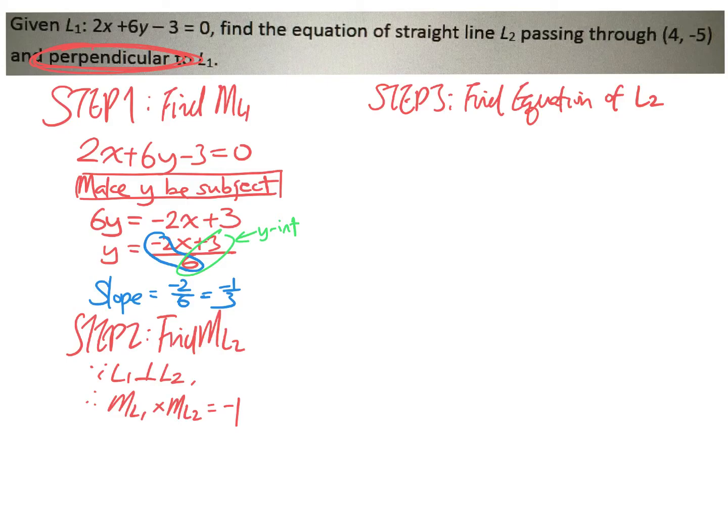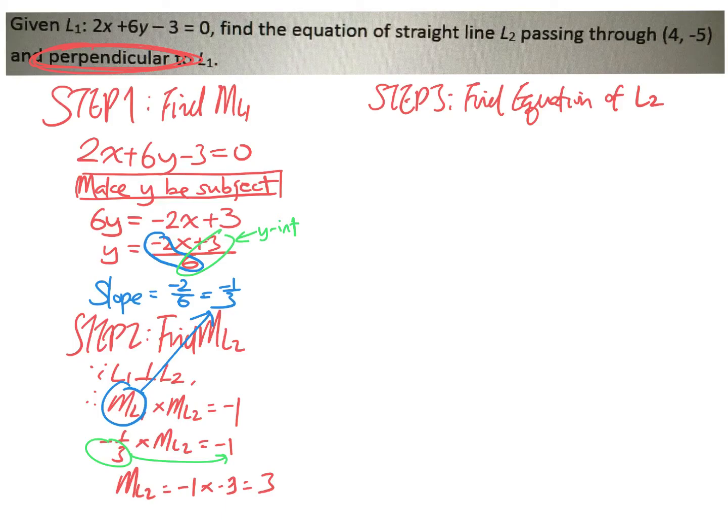Since the slope of L1 is negative 1 over 3, we substitute negative 1 over 3. And then we move the negative 3 to the right. And then we get the slope of L2 equals negative 1 times negative 3, which is 3. So we have got the slope of L2.